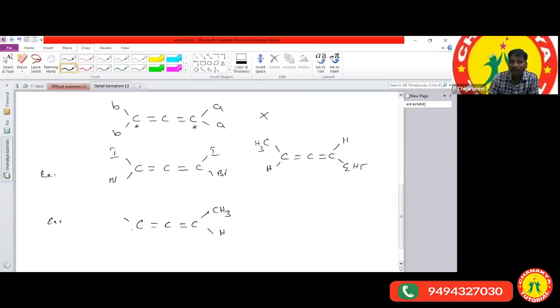One is perpendicular to the other, so they will be in different planes. If two double bonds are present in different planes, they exhibit optical isomerism. This one also exhibits optical isomerism, this one also. And the third one, does it exhibit optical isomerism or not?